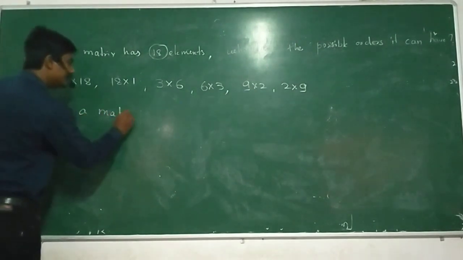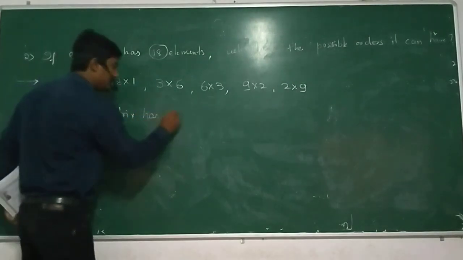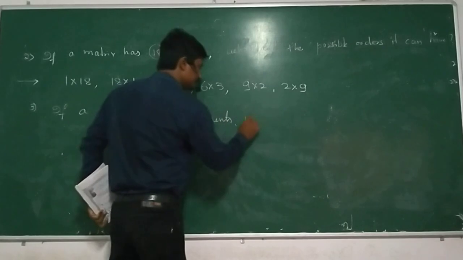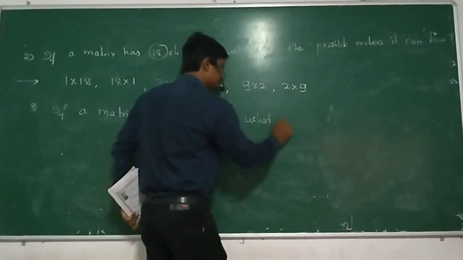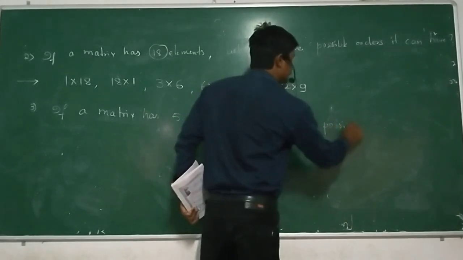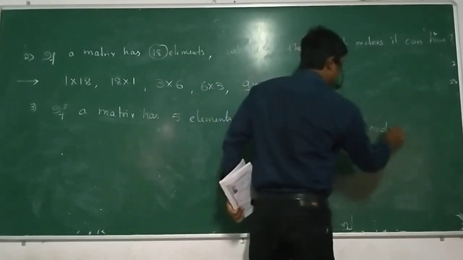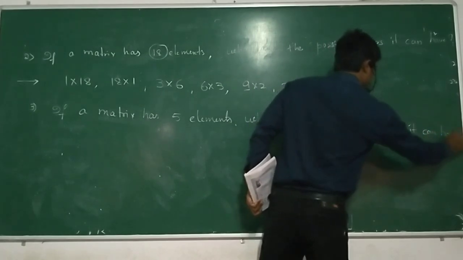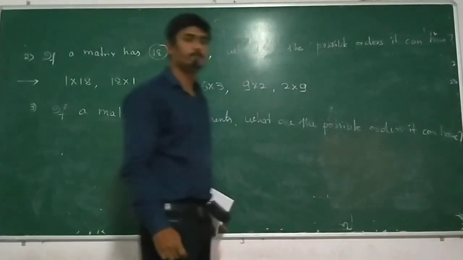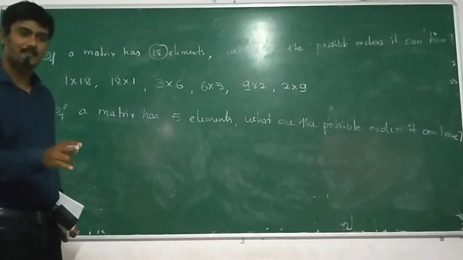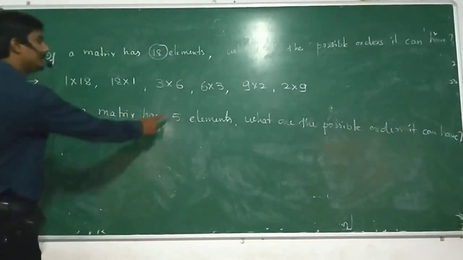If a matrix has 5 elements, what are the possible orders it can have? So what will you be doing? You will be writing down the ordered pairs of two numbers whose product is 5.